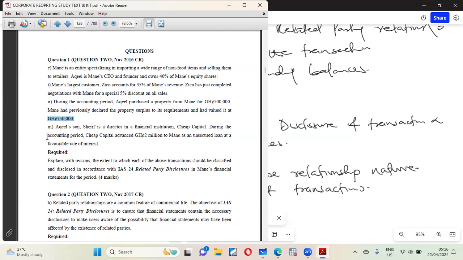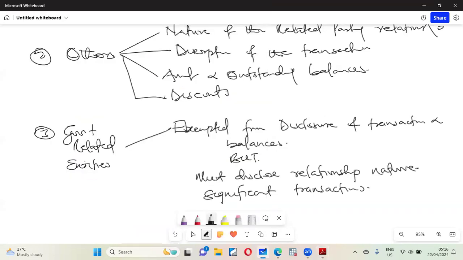Don't forget those things. Aquil's son, Sheriff, is a director in a financial institution. So you see that this is a close member of a key management personnel. If you remember the diagram that I drew before, that was part of what I drew.